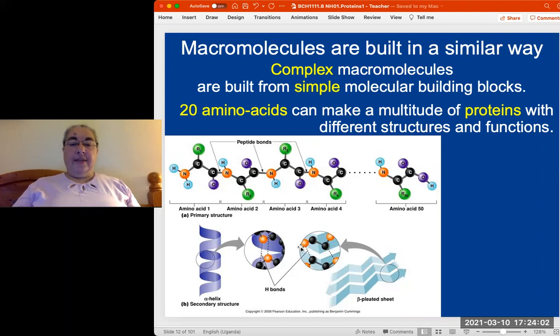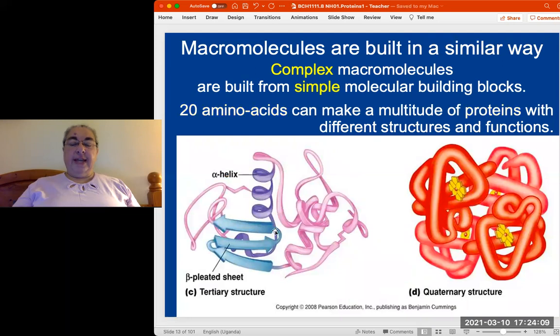Here we see this chain being folded up in a number of different ways, folded again in more complex ways, and finally producing a complex protein. So 20 amino acids, which are simple molecules, joined together in combinations, folded up and shaped to make a complex structure.